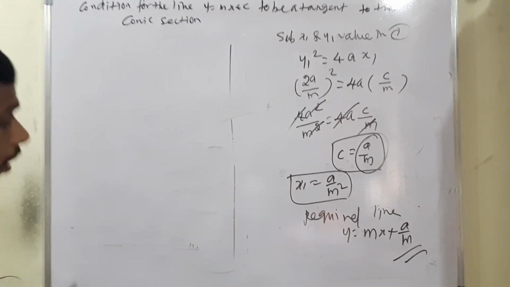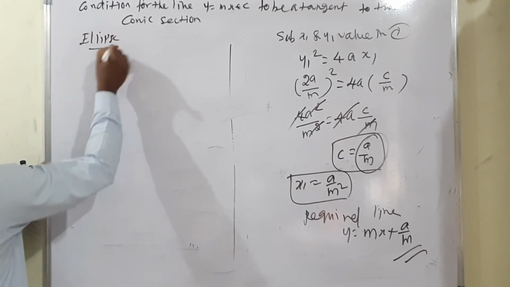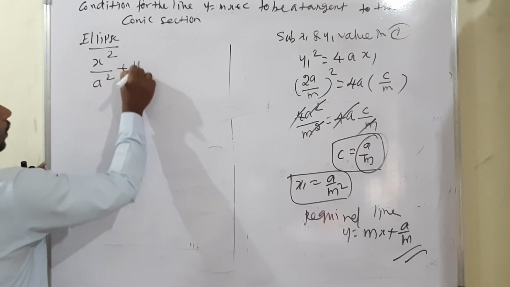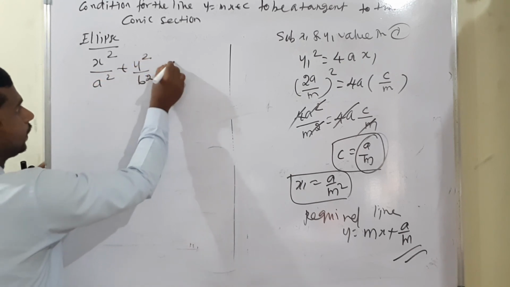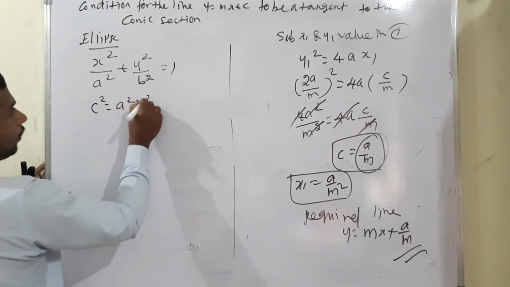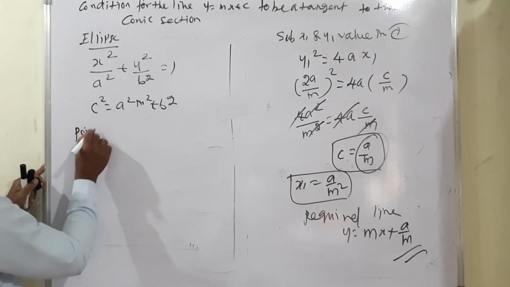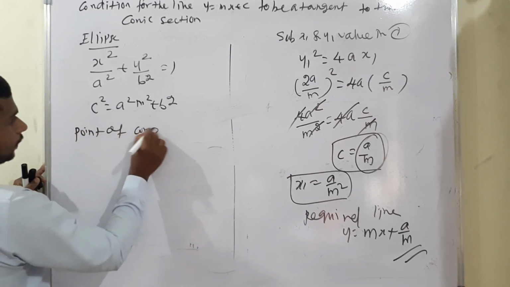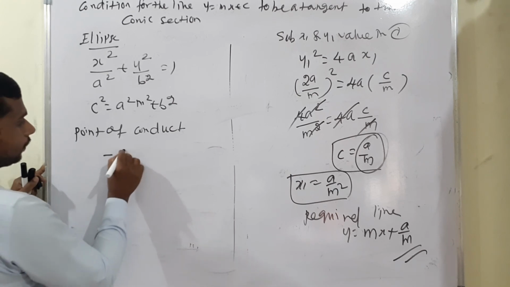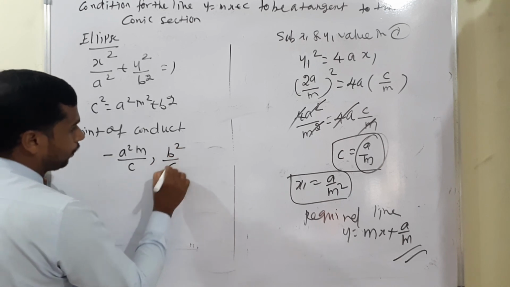For the ellipse, what is the general form? x square by a square plus y square by b square is equal to 1. How do we find the c square value? c square is a square m square plus b square. The point of contact is minus a square m by c and b square by c.